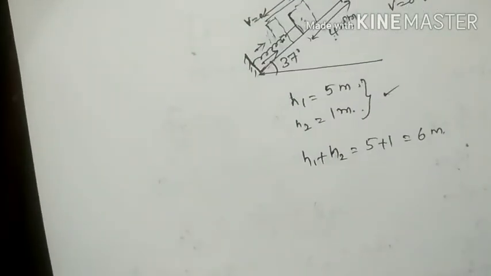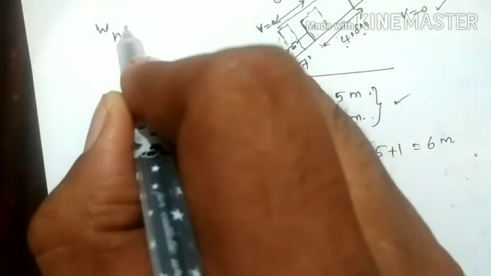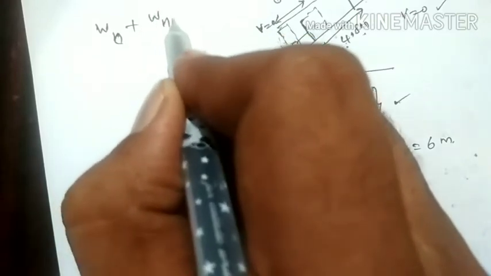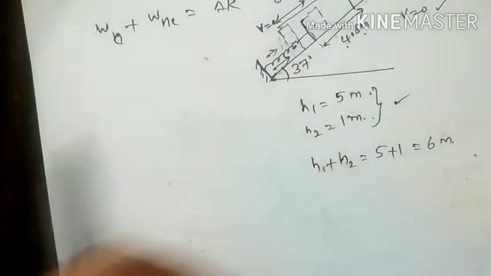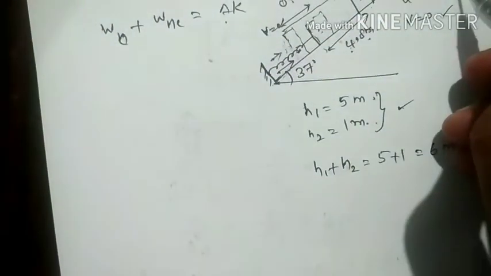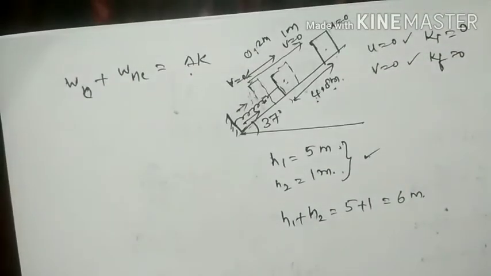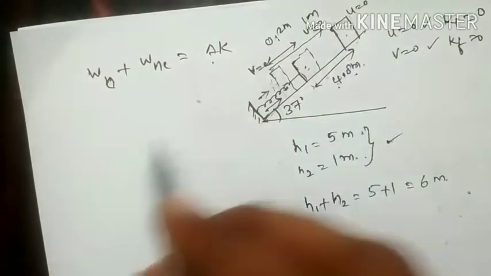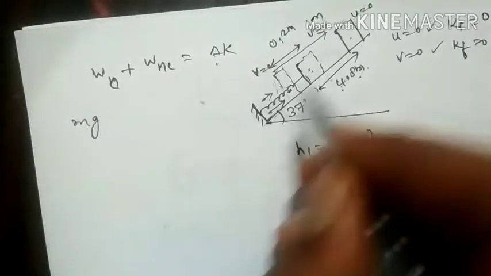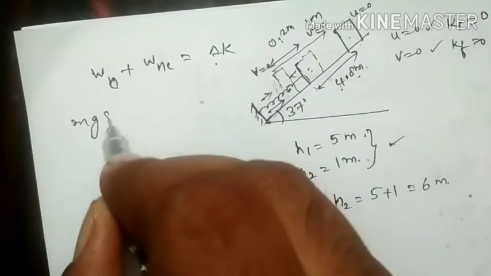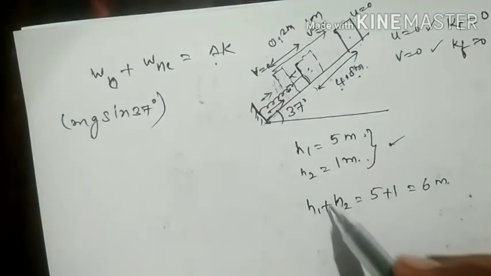So now I will write the condition according to the work energy theorem. What is the work energy theorem? Work done by the conservative force plus work done by the non-conservative force equals change in kinetic energy. For the total motion of the block, initial kinetic energy is 0 and final kinetic energy is also 0. The work done by the conservative force: the force acting here is mg sin 37, multiplied by h1 minus h2.